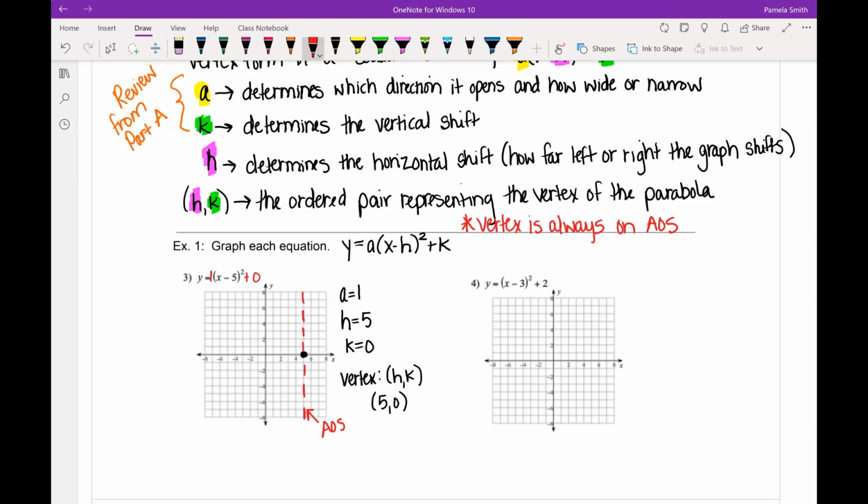Now here is where we have to go back to yesterday. We still have to find a couple more points. First off, though, if I look at A, is this going to open up or open down? If A is a positive 1, does this open up or down? Yeah, if it's positive, remember, this is going to open up.